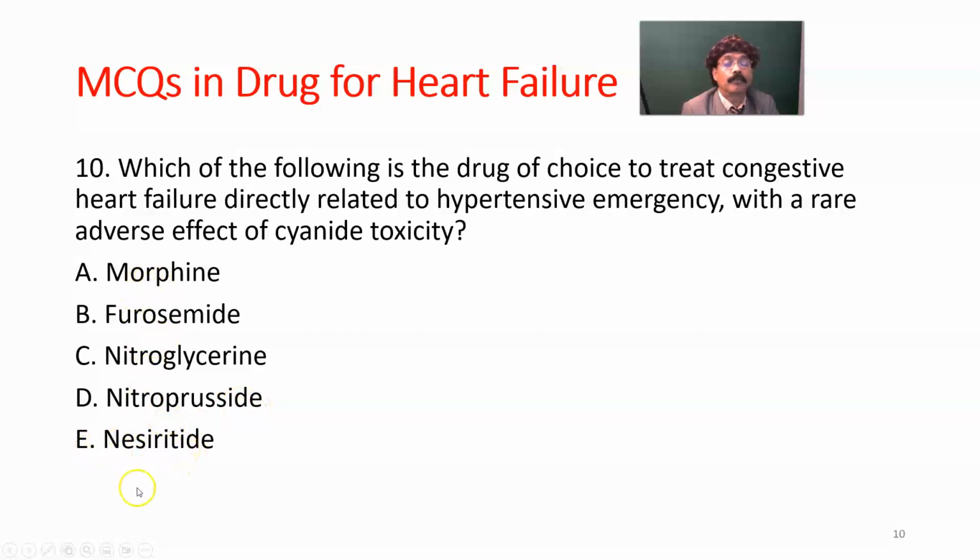Answer should be nitroprusside. It is used to treat congestive heart failure related to hypertension, and it may cause cyanide poisoning. Answer is D, nitroprusside. Nesiritide is a BNP, brain natriuretic peptide. So our answer is nitroprusside.